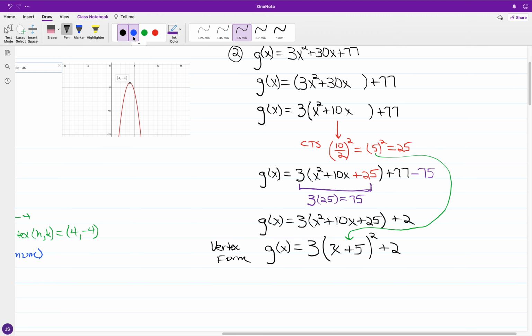Looking at what we have with the coefficients, a is equal to 3. And since a is positive, the graph is going to open up from the vertex.